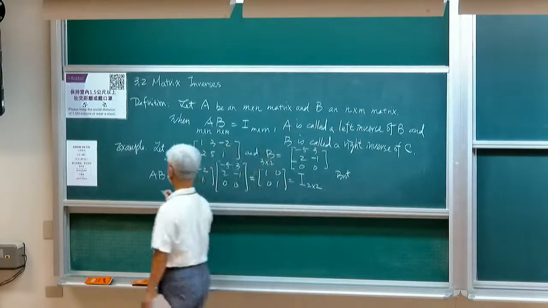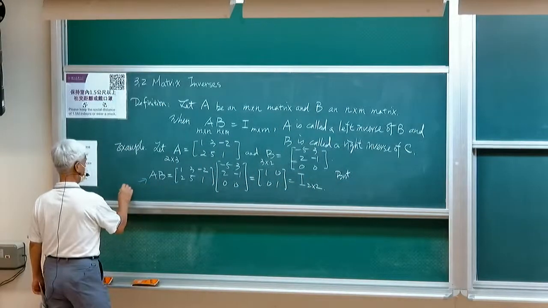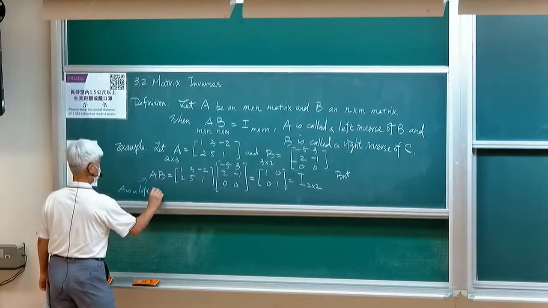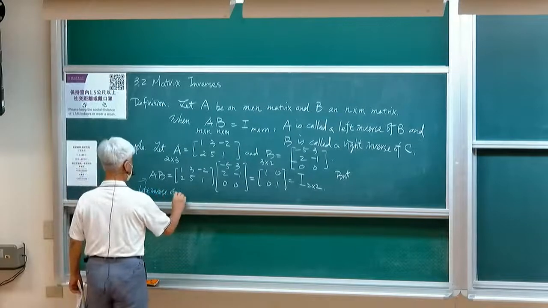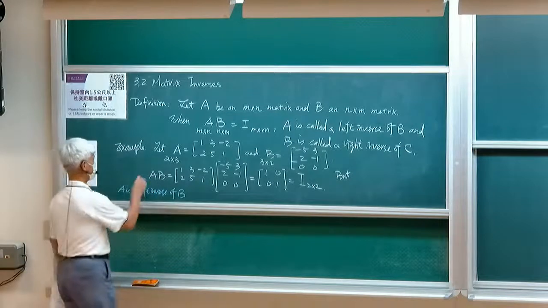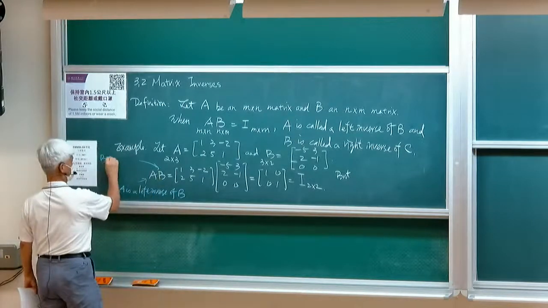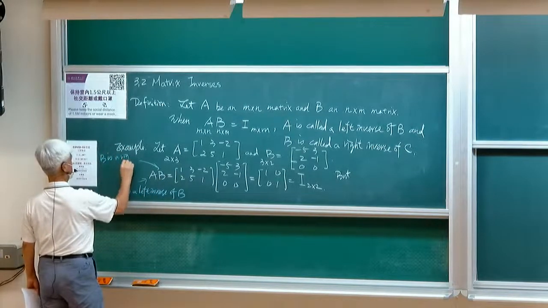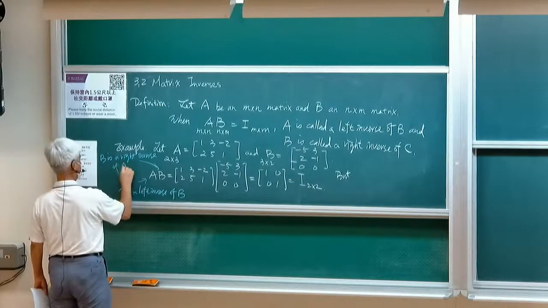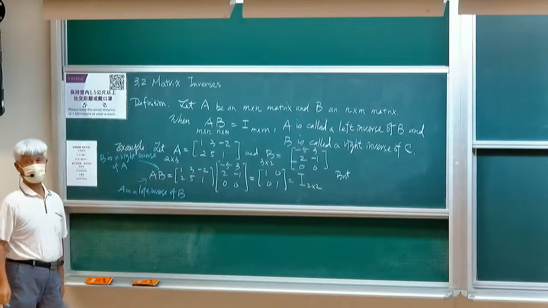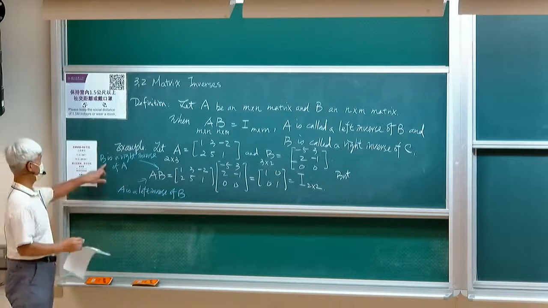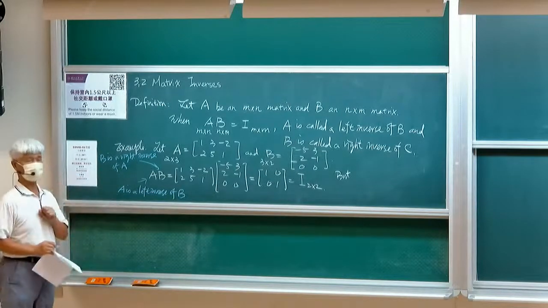So we say that A is a left inverse of B, because A is on the left hand side of B, and B is a right inverse of A. So these two things describe the same situation.